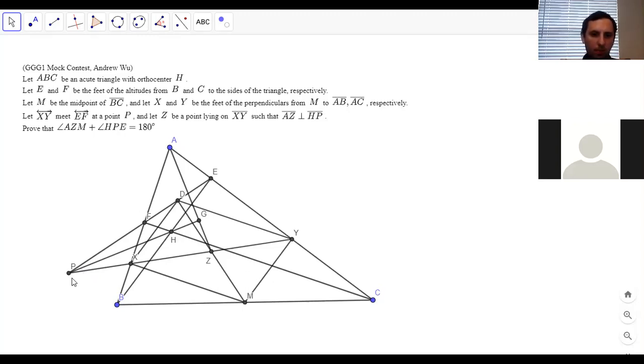Yeah, what can we say about AZ? Or is there anything else? Like, what if we draw the perpendicular from M to AZ? Or so we know, yeah, we know MB is perpendicular to EF.